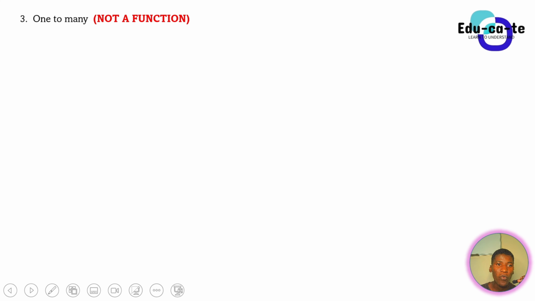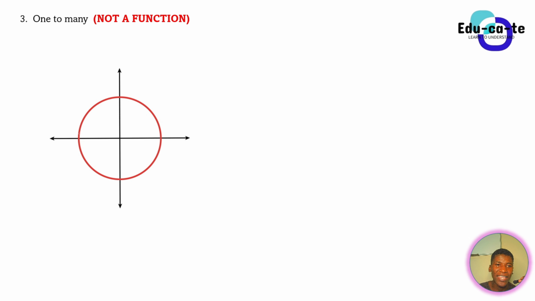Or we can have a one-to-many. A one-to-many is not a function. Like this circle. When we say one-to-many, we are saying that we have got one x value to many y values. So this is not regarded as a function.